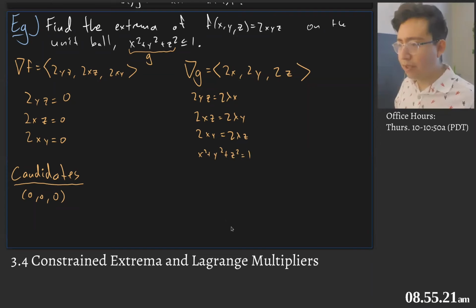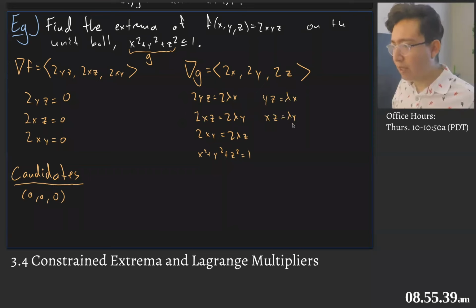So first thing we can do is divide everything by 2, get rid of all of these 2's. And so we just get yz equals lambda x, xz equals lambda y, and xy equals lambda z.